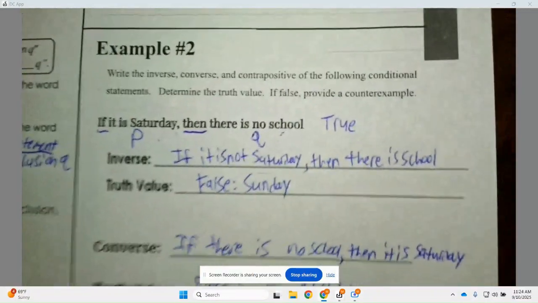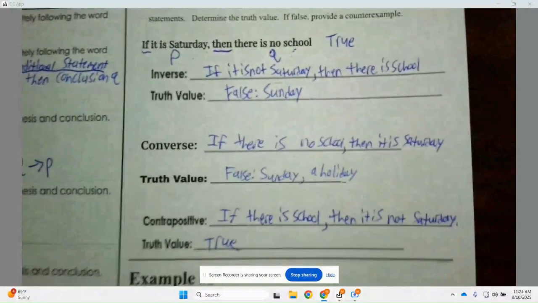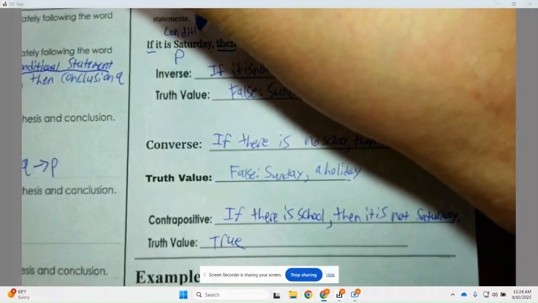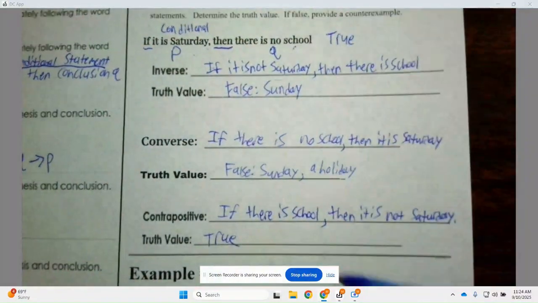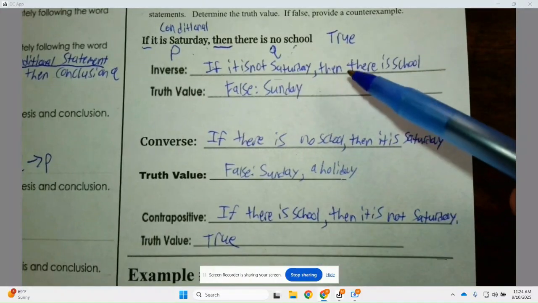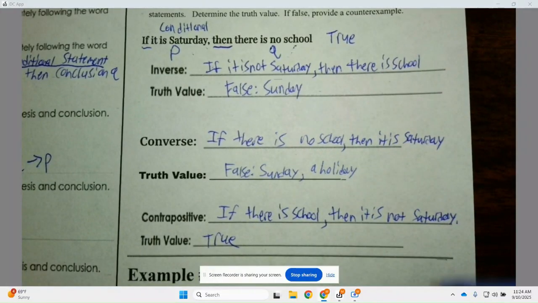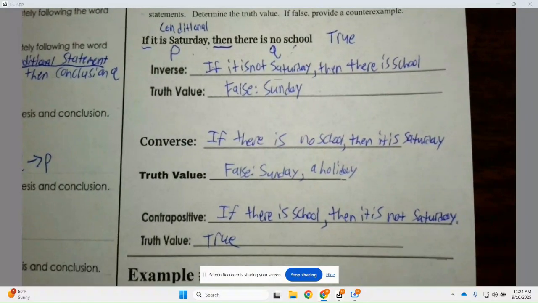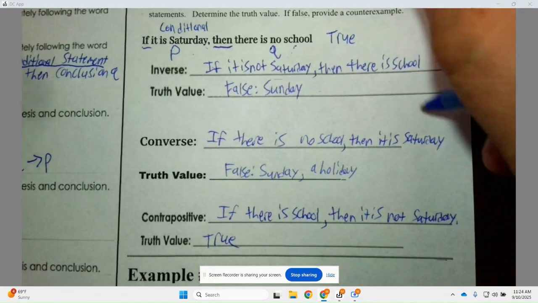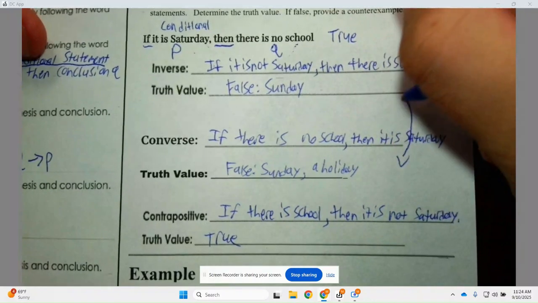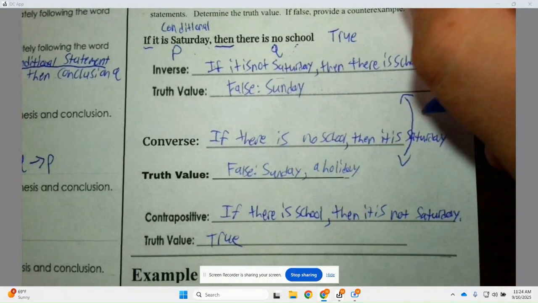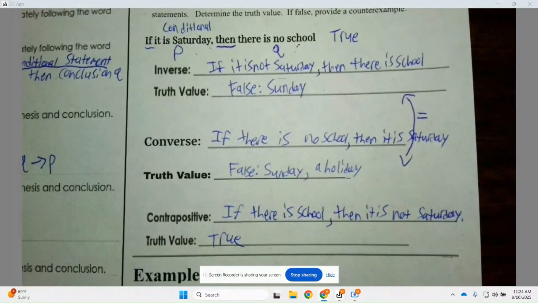Now, I want you to notice something. The conditional, this is called the conditional, and the contrapositive have the same truth value. They're both true. And then the inverse and the converse are both false. You see that? Well, here's a really nifty thing. Whenever you find the truth values for the inverse and the converse, they're always going to be the same as each other.